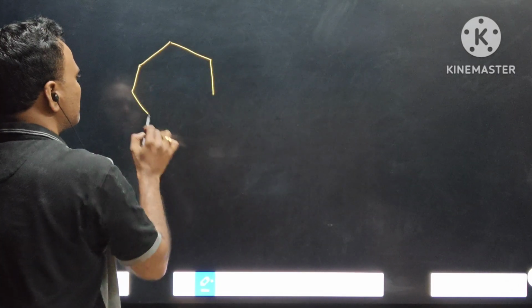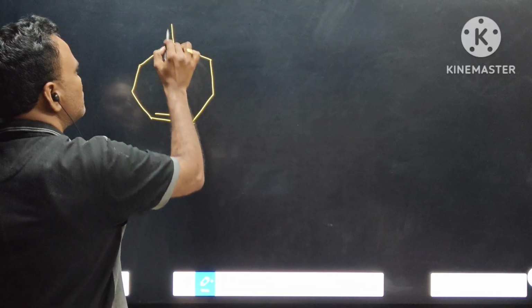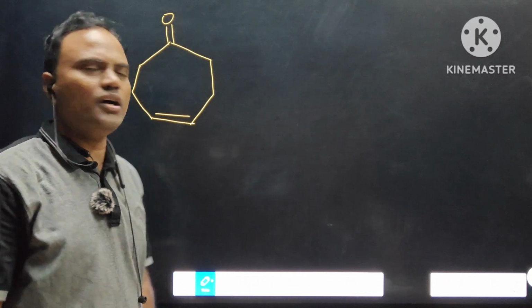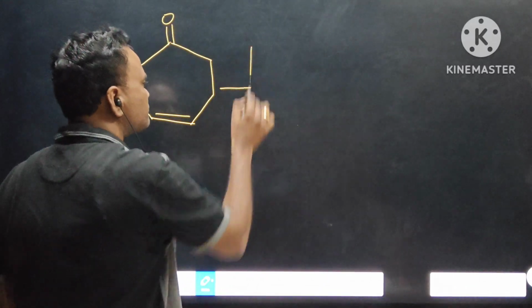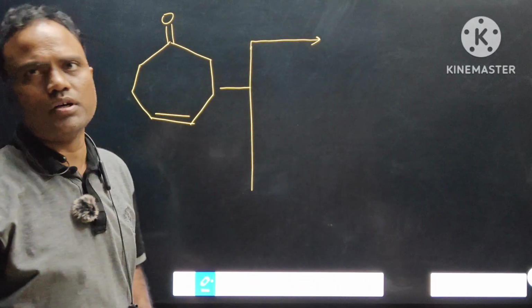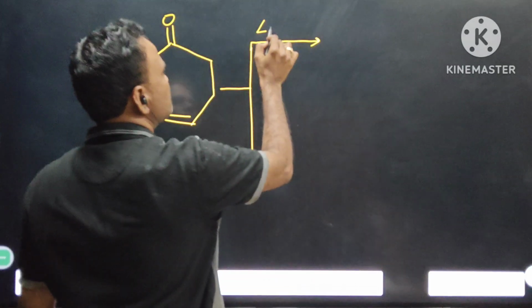This is a 7-member ring. If you don't know how to draw a 7-member ring, then draw a 6-member ring, nothing will happen. Others, please respond. Are you listening, everybody? Other students, please respond, everyone.